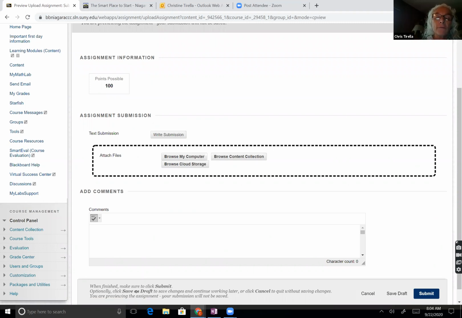And then if you're uploading it to a computer, you can browse your computer for it. If you're uploading it to the cloud, you can browse your cloud for it. If you're not uploading it at all, then open Blackboard on your phone.